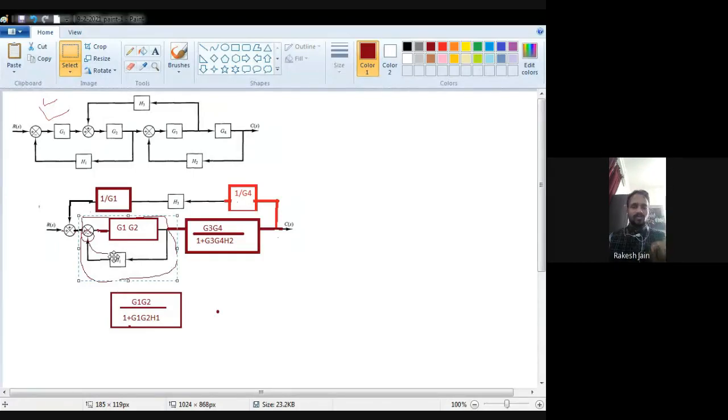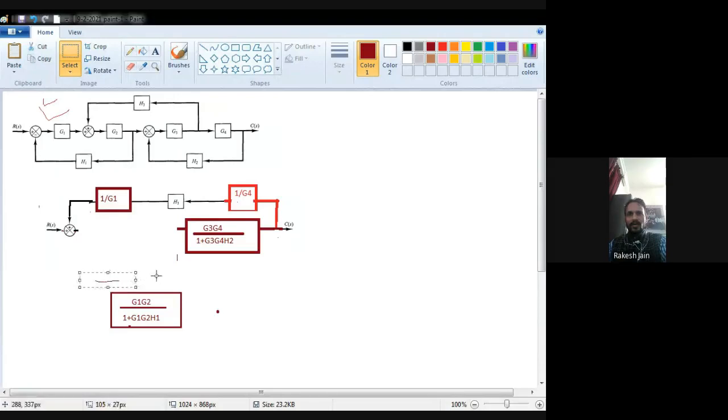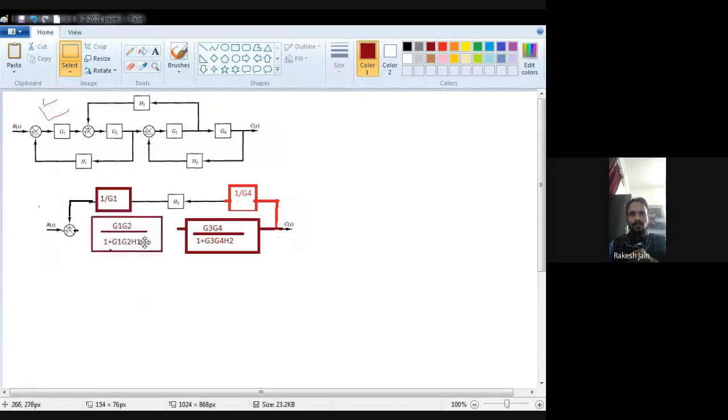Now see this one. This is a feedback loop completely, in which the forward gain is G1 G2 and the feedback gain is H1. So what is our rule? We can remove this loop, and as a solution we just put a block instead of this forward gain, feedback gain and summing junction.